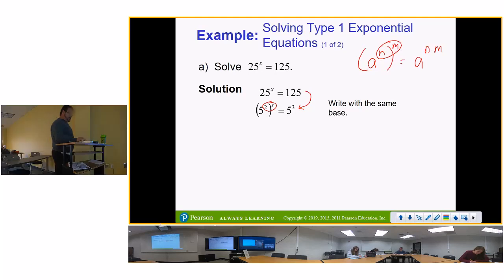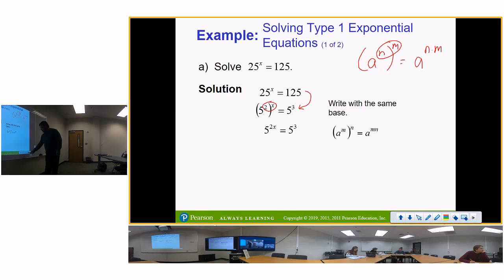Now, this is very important for you to remember, because a lot of students forget the next step that we're fixing to do. Can anybody tell me what the next step is? Don't be shy, because I need to know if you remembered it or not. Take your highlighter and highlight the 5s.